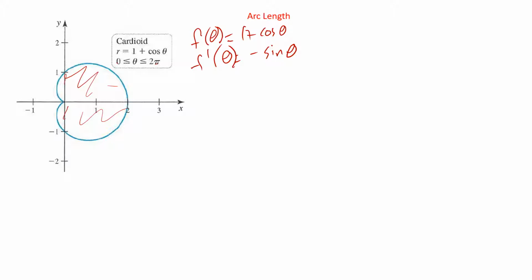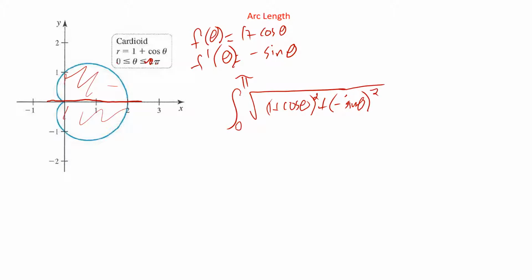So instead of doing that, let's cut it in half where it's symmetric. It is symmetric about the x-axis. So we can look at just the top. When we cut it in half, this one goes from 0 to pi now instead of 2 pi. So we can take the antiderivative from 0 to pi of the square root of 1 plus cosine theta squared plus negative sine theta squared, and then times 2.